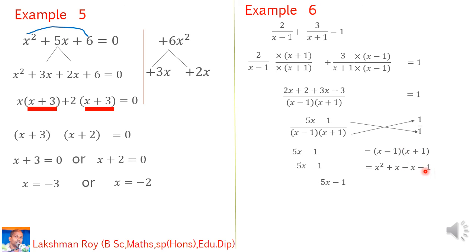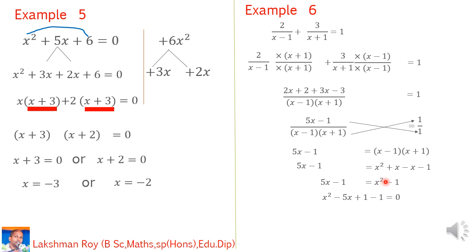Now you can see here on the right hand side, positive x and negative x make 0. Only x square minus 1 remains. Now how to solve? Take all the terms into one side, either right hand side or left hand side. I take them into the right hand side.